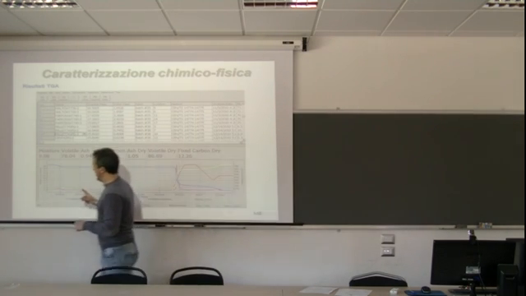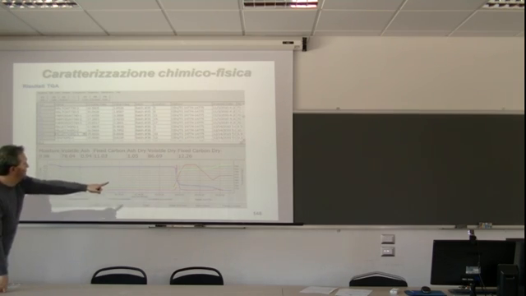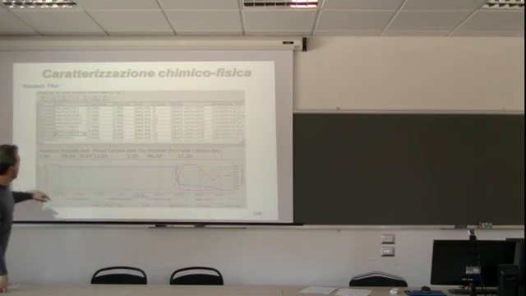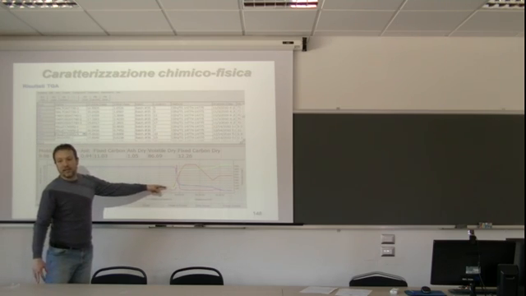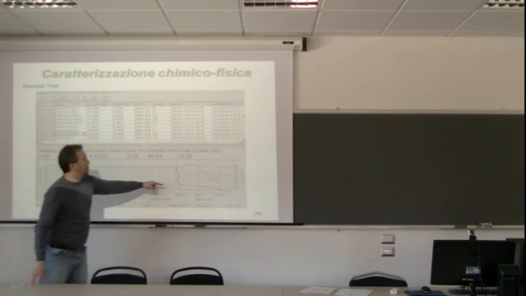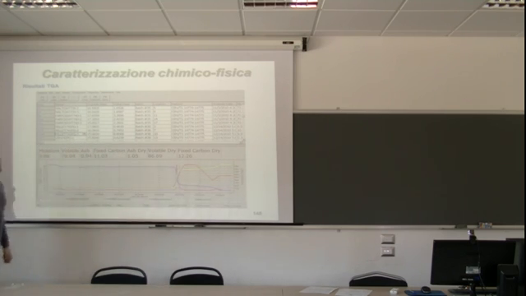For example, here you can see on the left part the weight loss in percentage connected with temperature, which is the red line. So weight loss is the blue line. The red line is the temperature, and you can see that you have a first stage, this one, where you are at 105 degrees, okay? Then you go to 900 degrees, and then you go to 400–500 degrees for the other part.